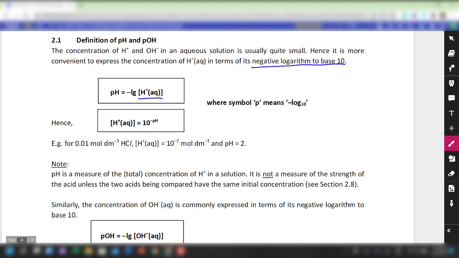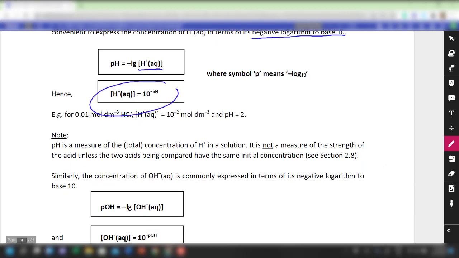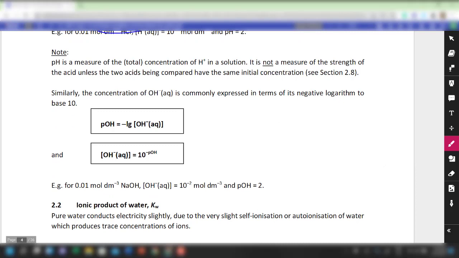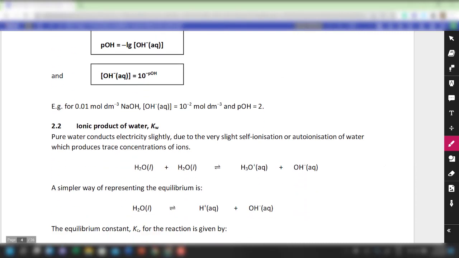Okay, and so if you do a little bit of manipulation, you will realize that the concentration of H plus is just 10 to the power of minus pH. But you do not need to memorize this, so don't memorize. These are things that you can work through with your mathematics. Okay, the same idea goes for pOH, so I will not elaborate.